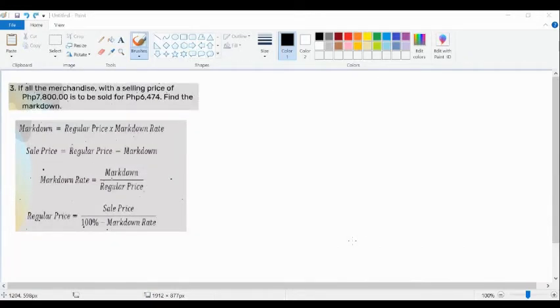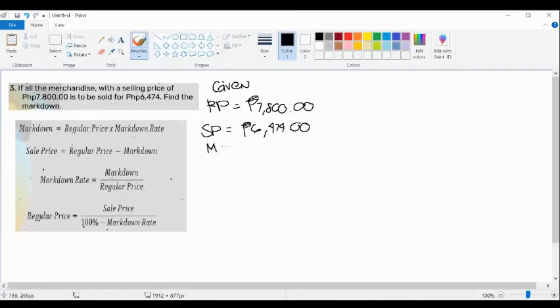Example number 3. If all the merchandise with a selling price of 7,800 pesos is to be sold for 6,474 pesos, find the markdown. Let's have the following given. We have the regular price of 7,800 pesos and the sale price of 6,474 pesos, and we're looking for the markdown.